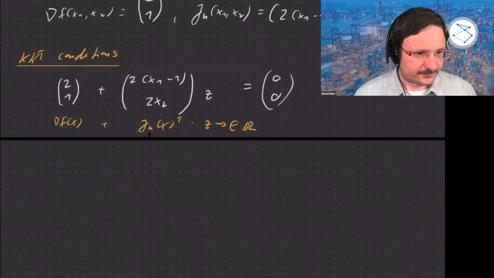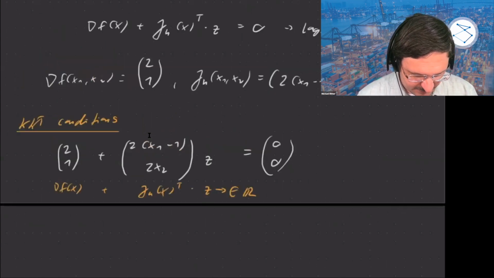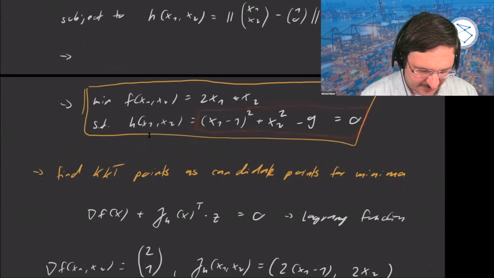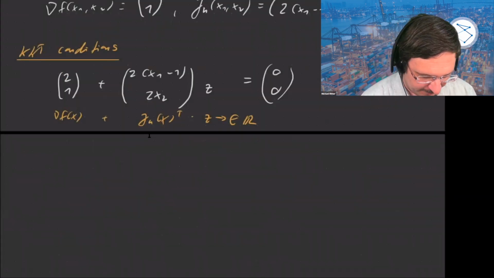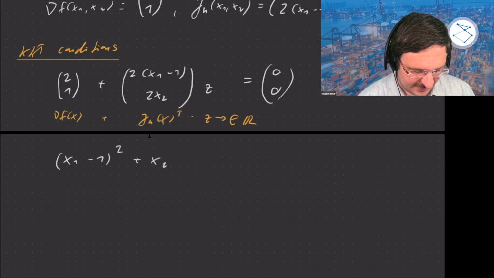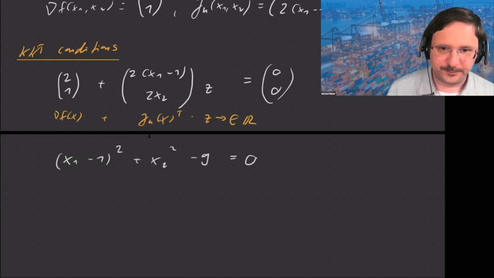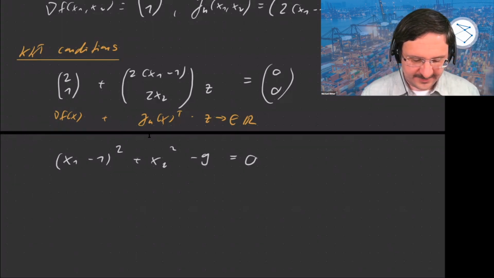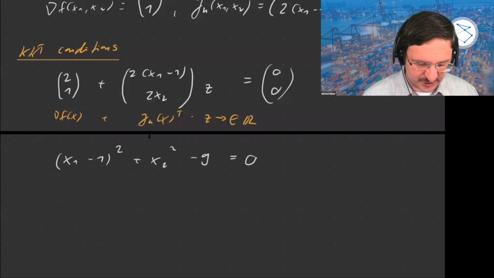And that simply means we need to take this equation here and we need to satisfy that. So the other KKT condition that we have is (x1 minus 1) squared plus x2 squared minus 9 equals 0. So what we end up with here is a system of 3 equations.